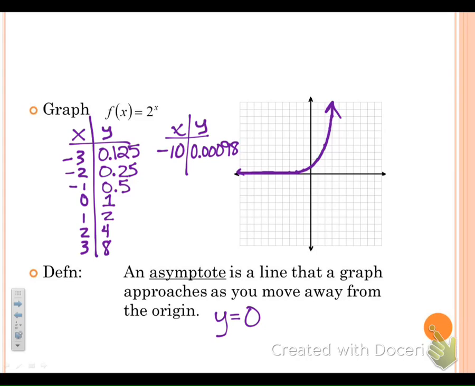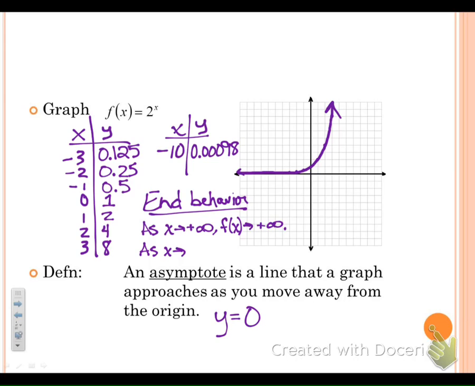Let's go back to end behavior just a little bit. So, since that was part of warm-up, I'm going to just add this to the graph. As we go to the right, so as x approaches positive infinity, well, the right arrow is pointing up, so f of x is going up. But let's talk about as we go left.